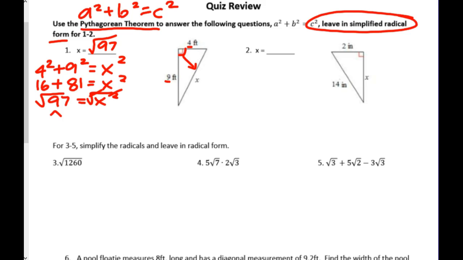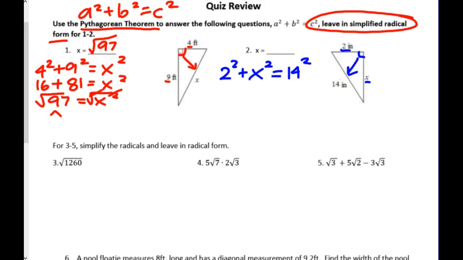Okay, good. So remember, here's 90. This is A, and this is B. Too many people always think X is C. Not always, okay? So does everyone see this? A is 2, B is X. Let's write that down. 2 squared plus X squared equals, and then my C across from the 90 is 14 squared.